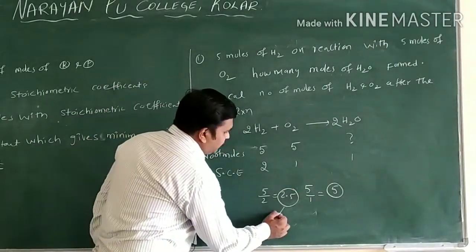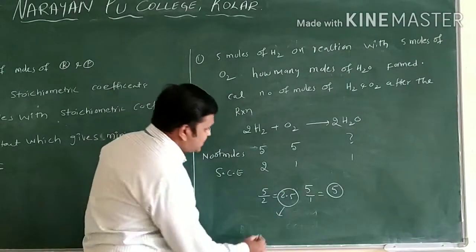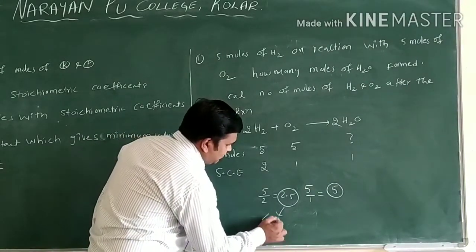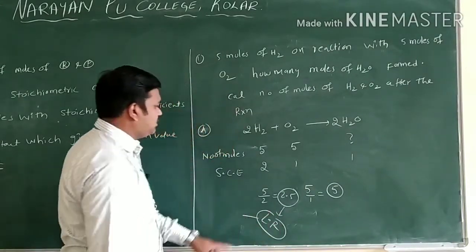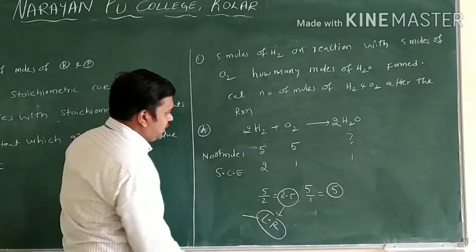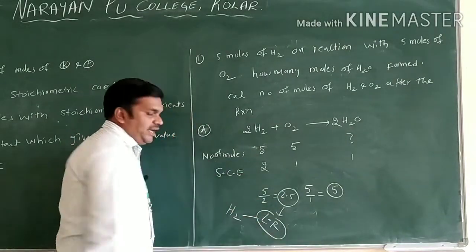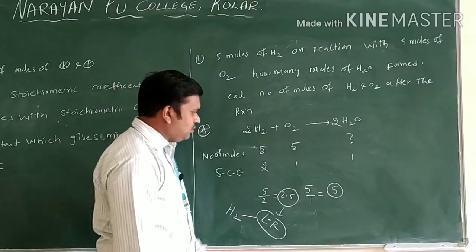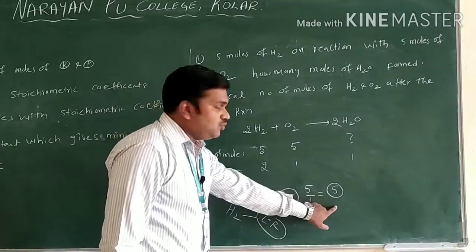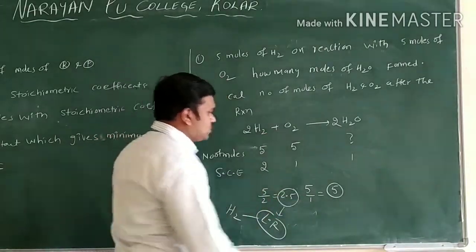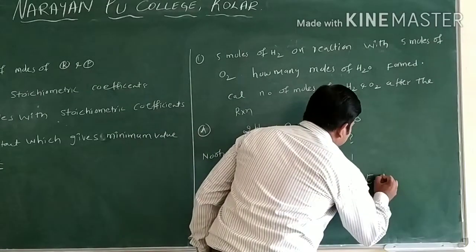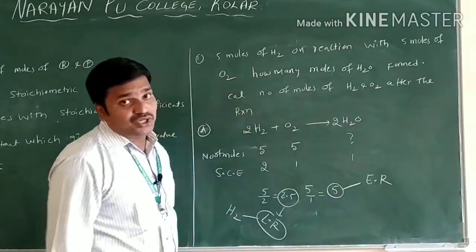So 2.5 is the limiting reagent. It is coming from H2, so H2 is the limiting reagent. The 5 is coming from O2, so O2 is the excess reagent.